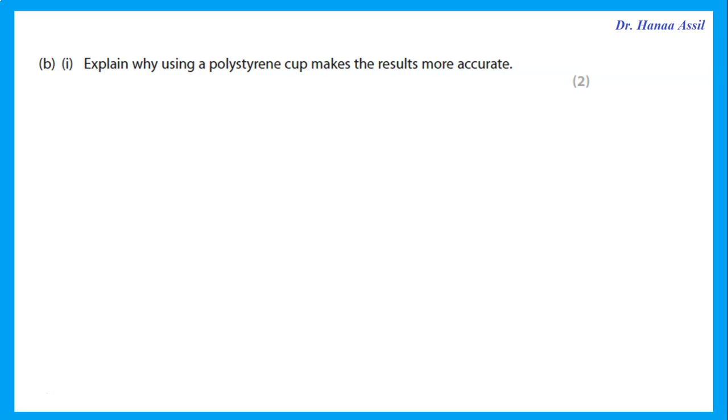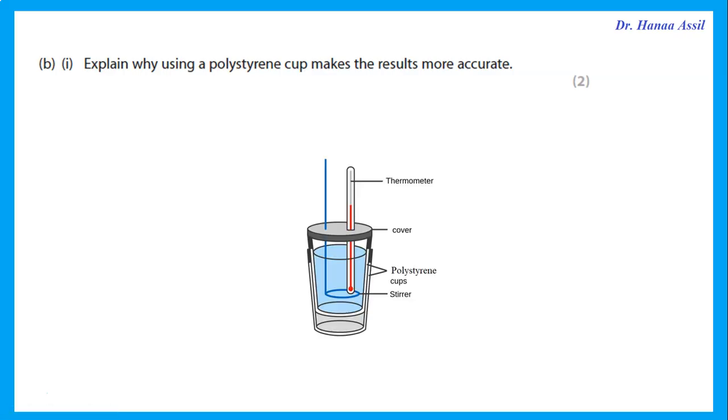Explain why using a polystyrene cup makes the results more accurate. Of course, you should know that when we do any experiment that involves measurement of temperature, we should do it in a polystyrene cup, and that is because polystyrene is an insulator.